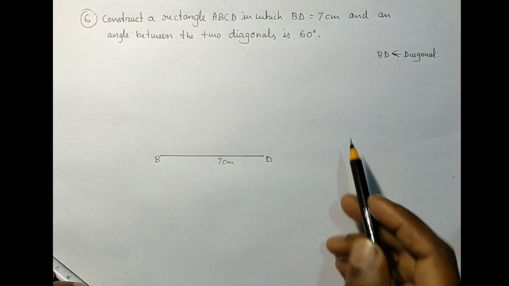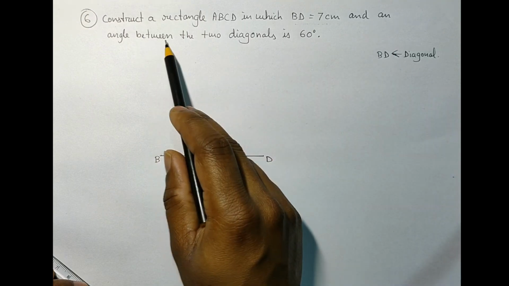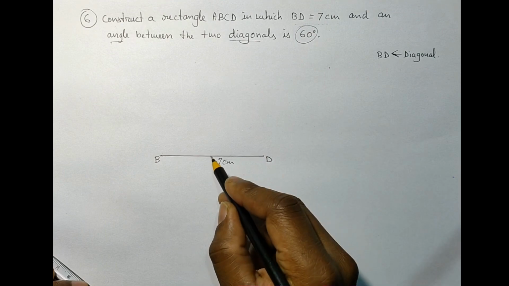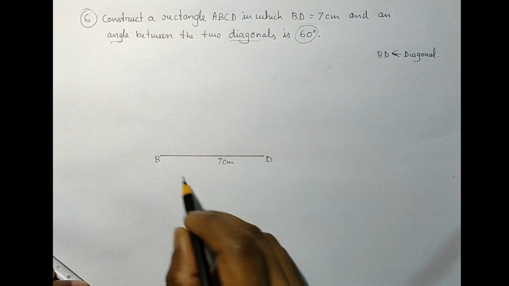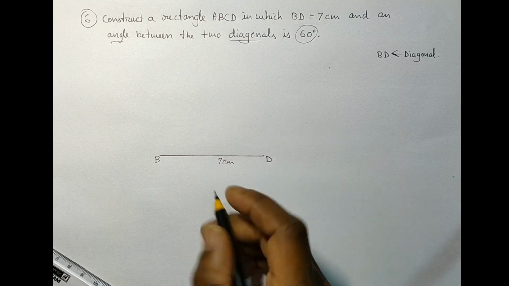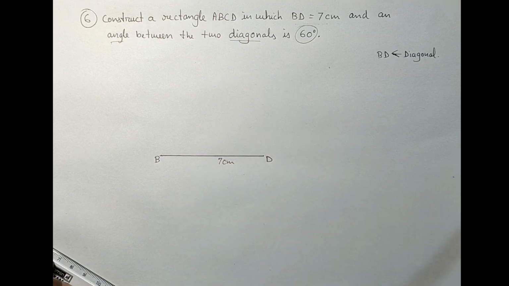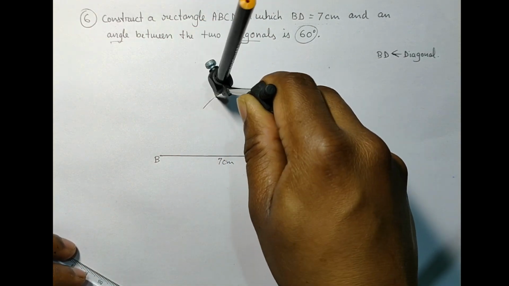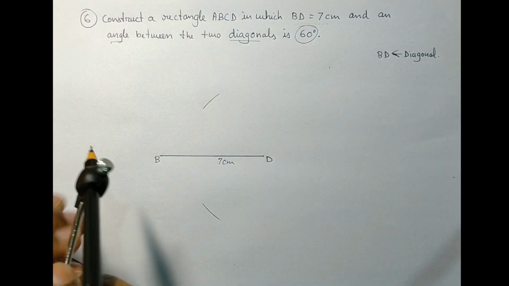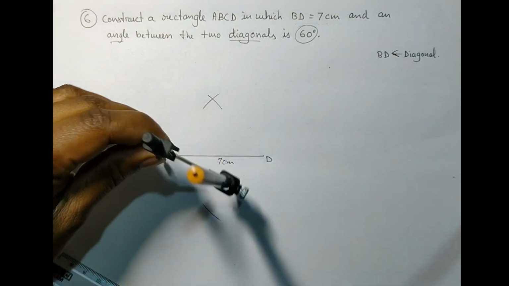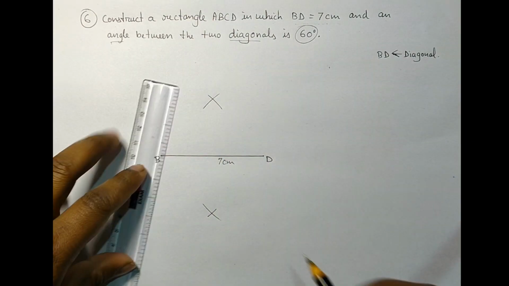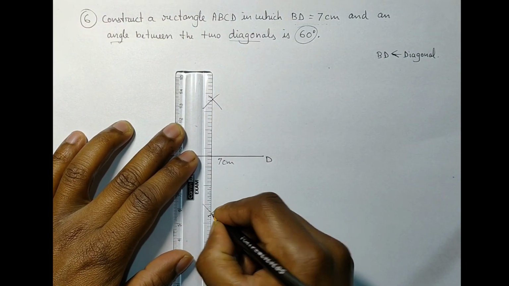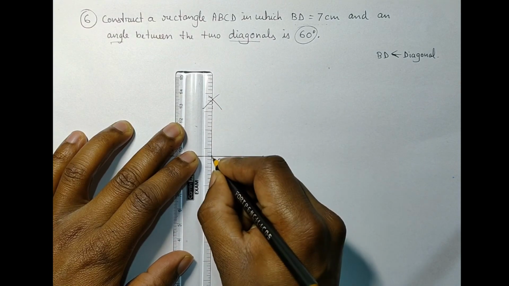Now we know the angle between the two diagonals is 60 degrees, and diagonals of a rectangle bisect each other, so the angle between them will be 60 degrees. Now we don't know where the point of bisection is, so using the compass we'll draw the perpendicular bisector, and let's align the 2 points and get the point of bisection on BD.